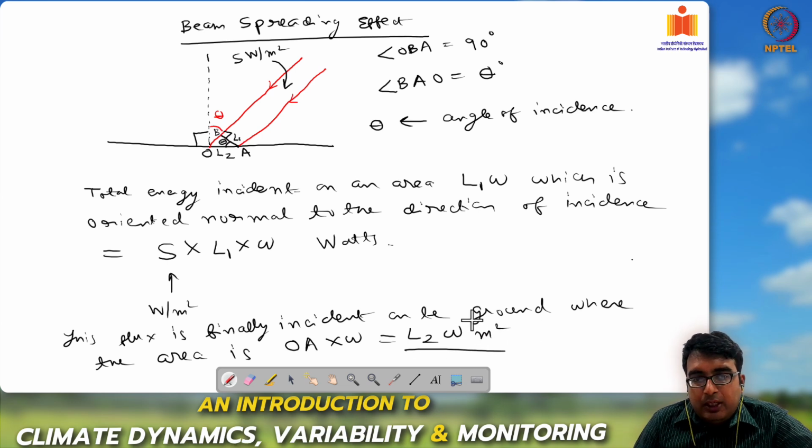So this same energy is spreading over a length L2 into width W meter square.